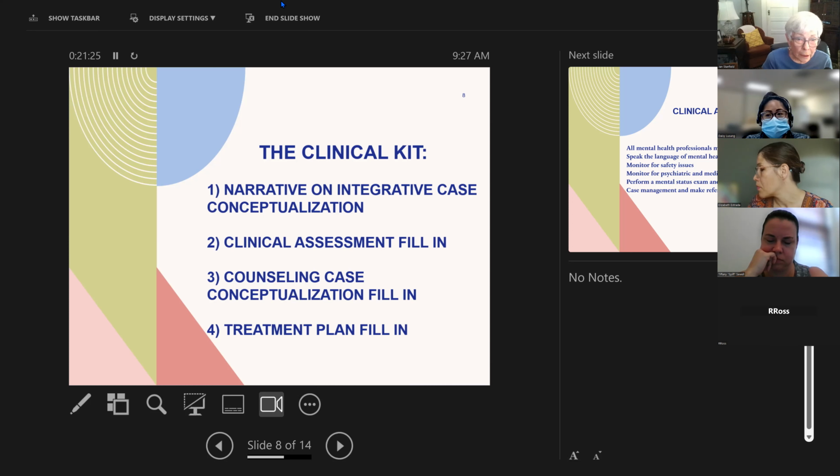But number two, it would be wonderful documentation if you get into trouble, if you hear from the BBS about a complaint. Some people have no chart. Some people have an empty chart. If you do this, you will have substantiation to your clinical work.